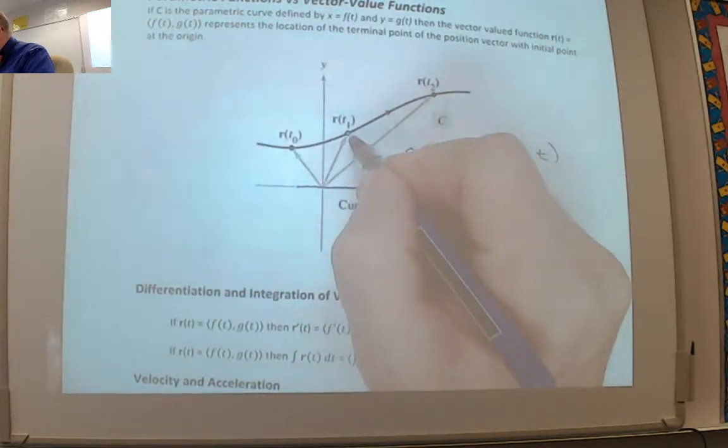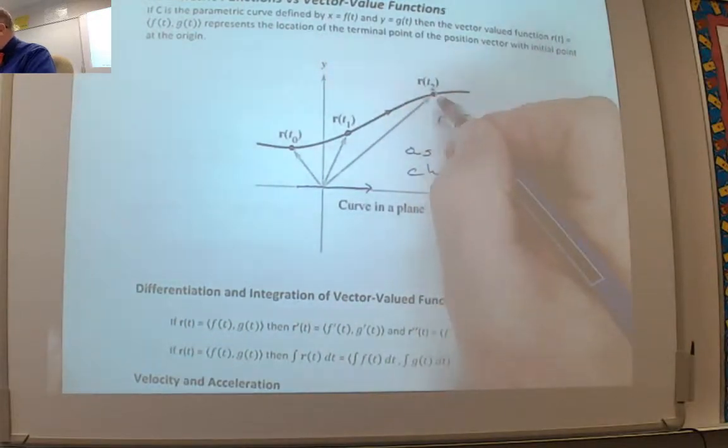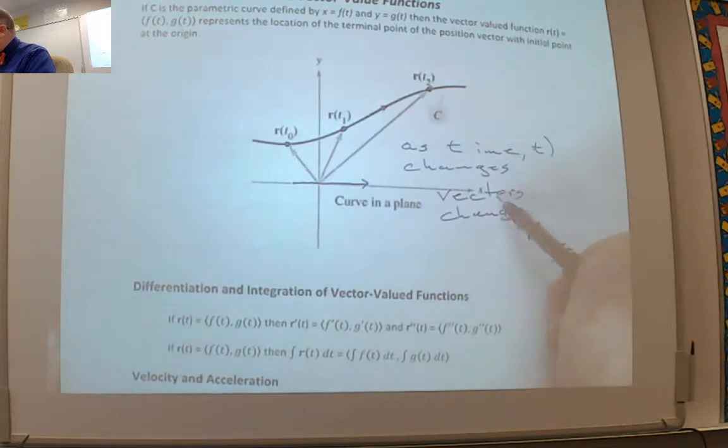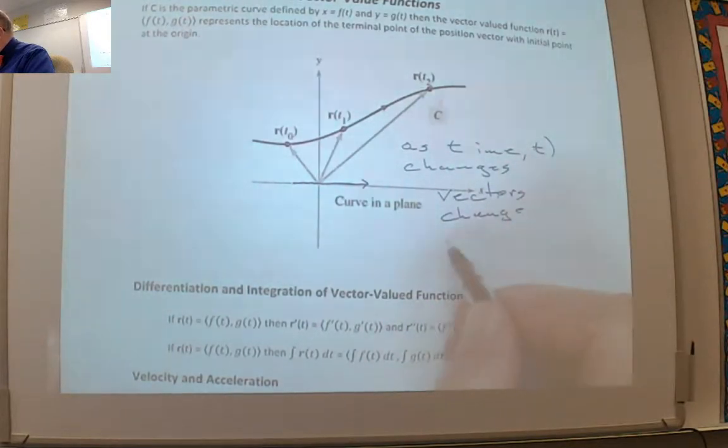This vector is going to create this point right here. This vector is going to create this point right here. So time manipulates the vectors, which change the x and y coordinates.